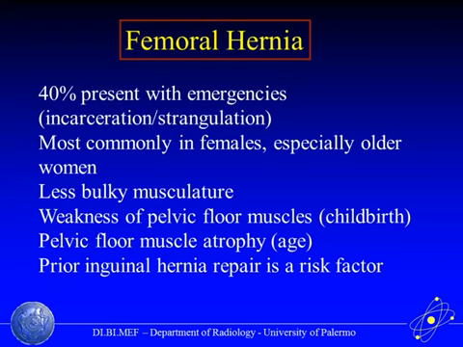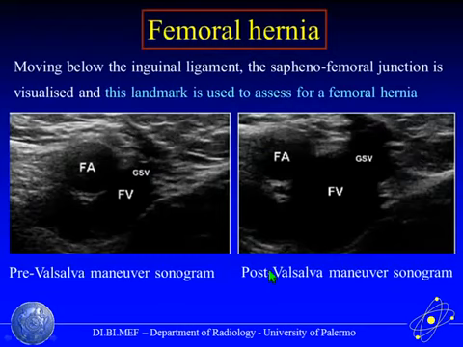Femoral hernia most commonly occurs in females, especially older women who have sometimes less bulky musculature and weakness of pelvic floor. And we have sometimes, of course, an inguinal hernia repair as risk factor. Surgery for inguinal hernia repair is a risk factor for occurrence of a femoral hernia.